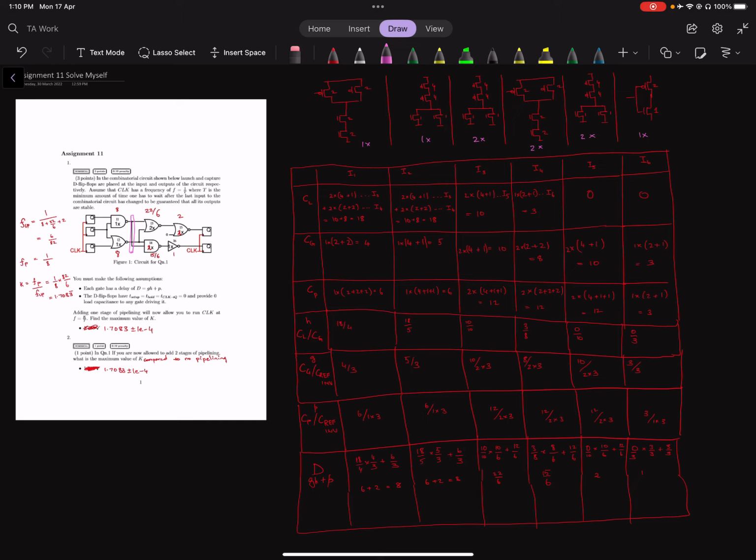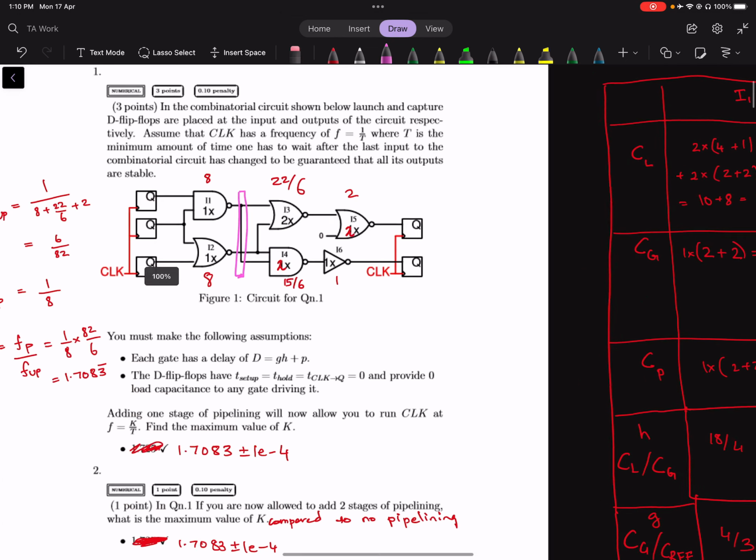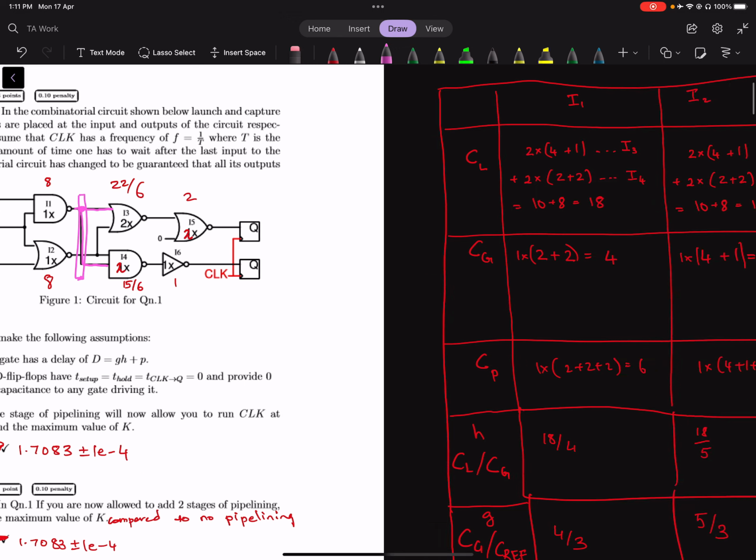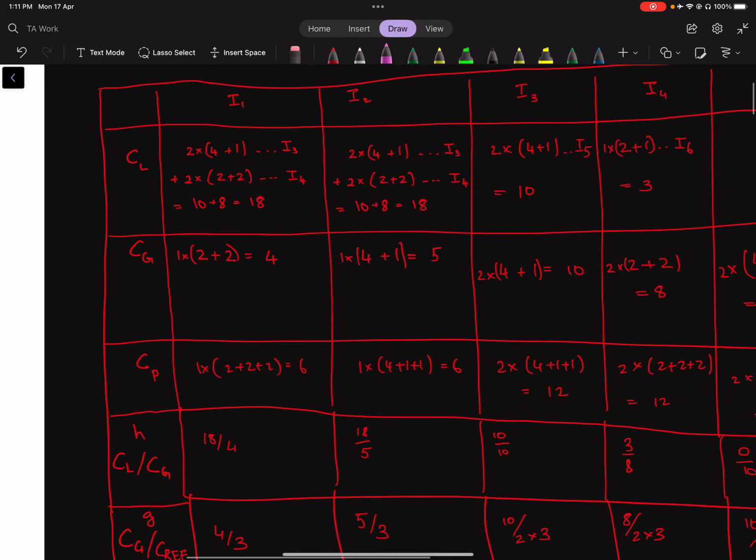So let's start off with I1. Through its fan out, it has as a load two gates, I3 and I4. So the first row is: what is the load capacitance for this gate?